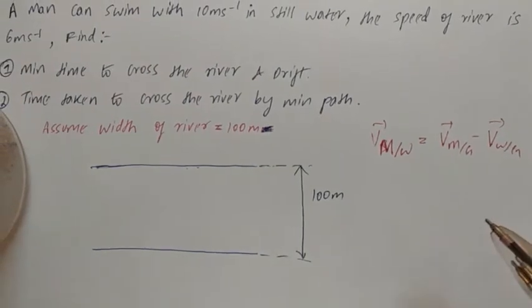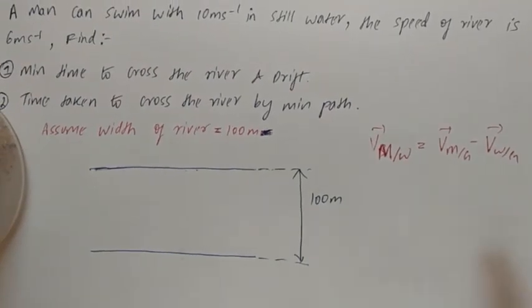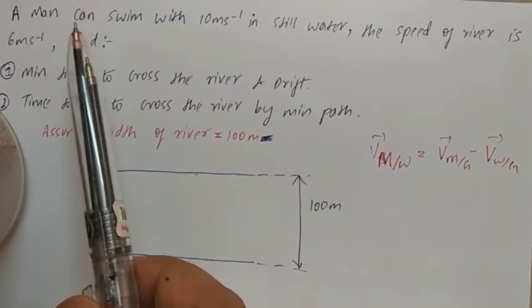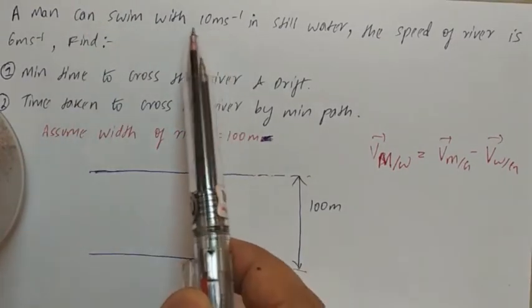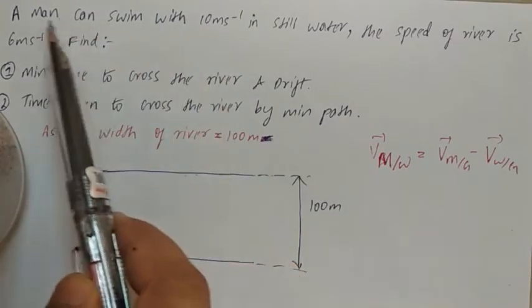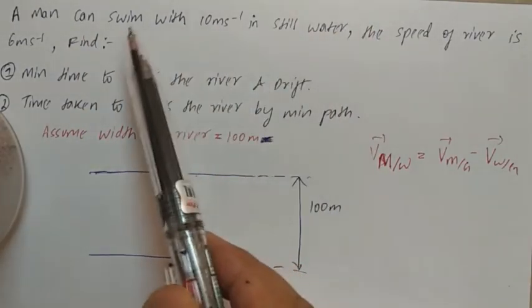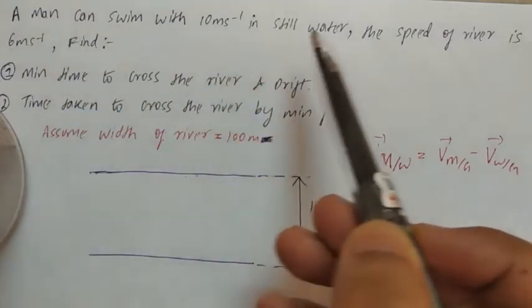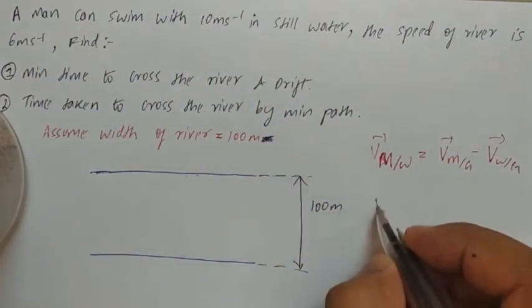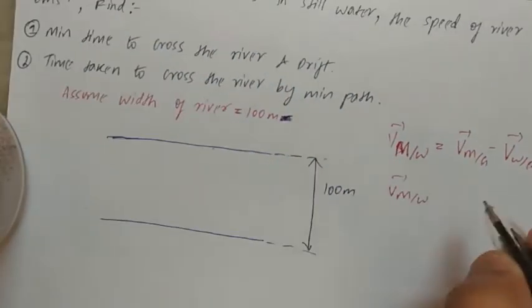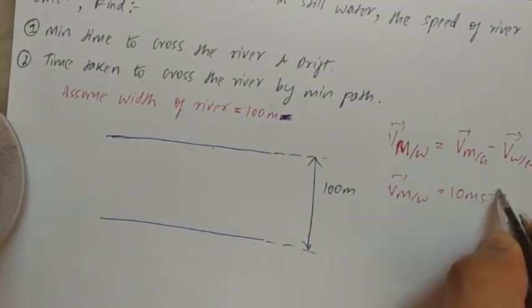When we are talking about velocity, we talk in relative terms. That means, when it says a man can swim at 10 meters per second in still water, what does this mean? It means the velocity of man with respect to water is given as 10 meters per second.